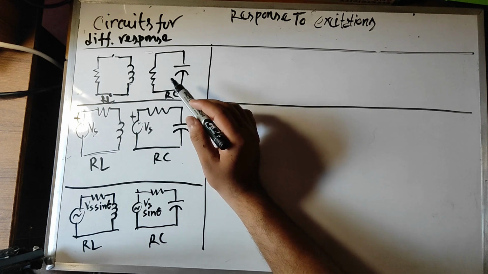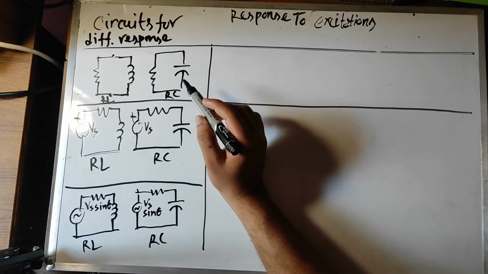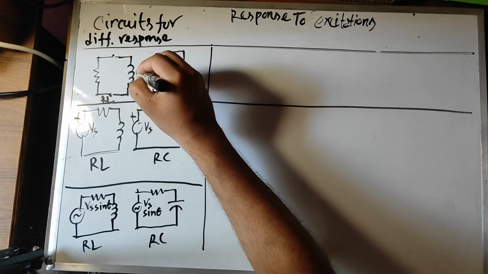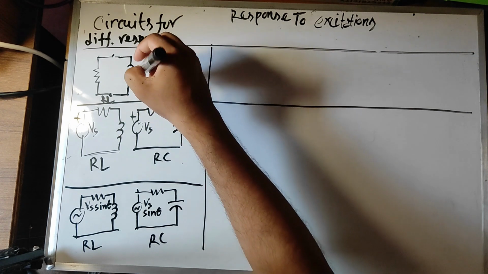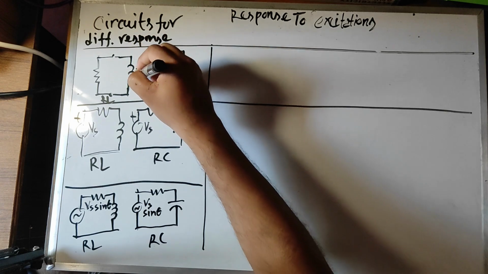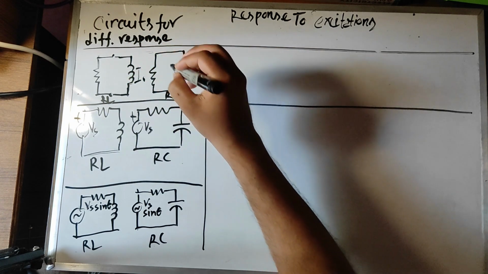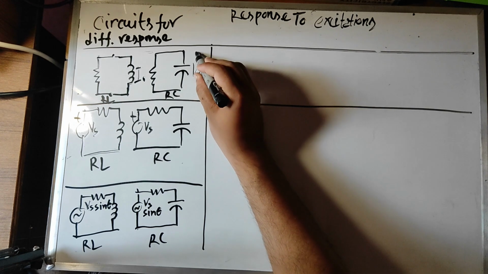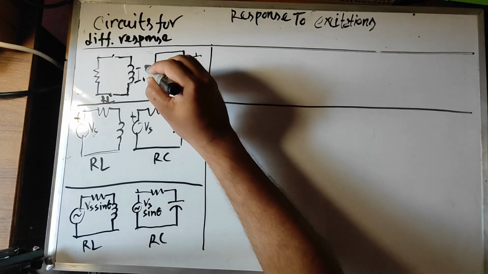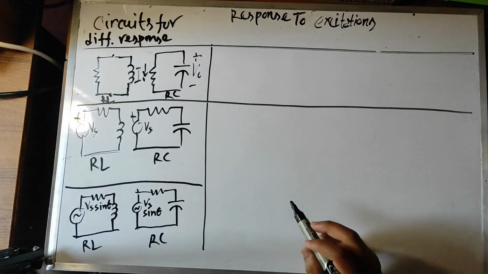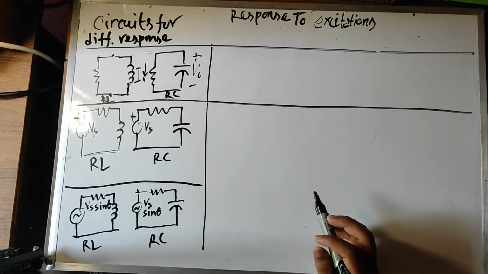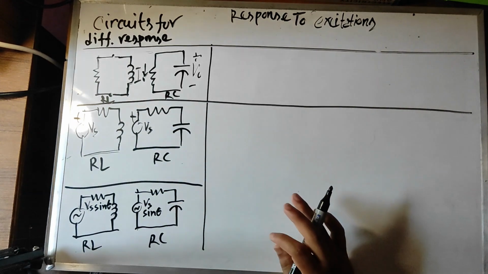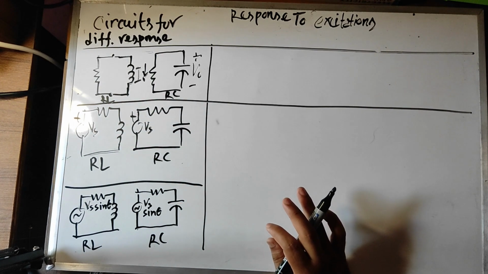In this case, we assume that the inductor has initial current and the capacitor has initial voltage. So what will the equation of these two source free circuits look like?